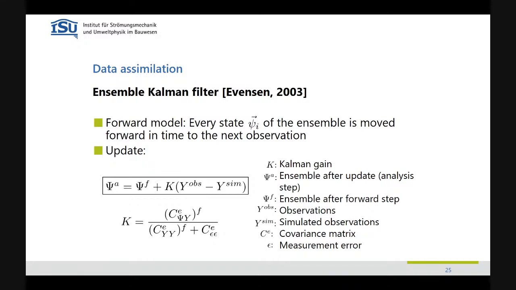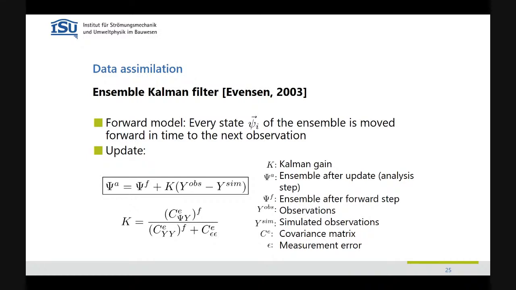The proportionality is the Kalman gain, and into the Kalman gain go the covariances: the error covariance of the observation itself, of the modeled observations, and of observation and modeled observation states, and modeled states.